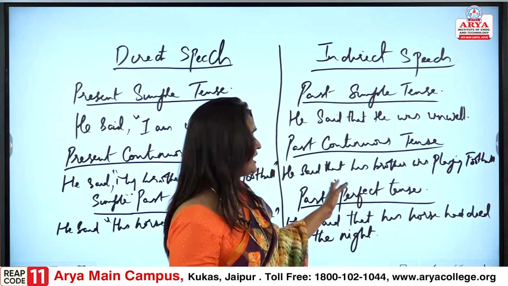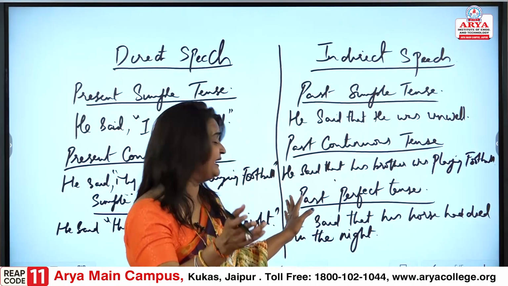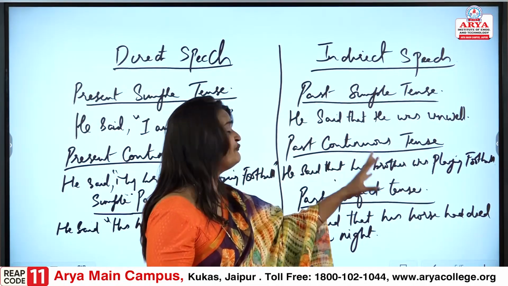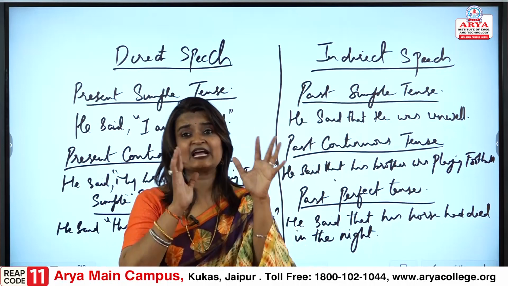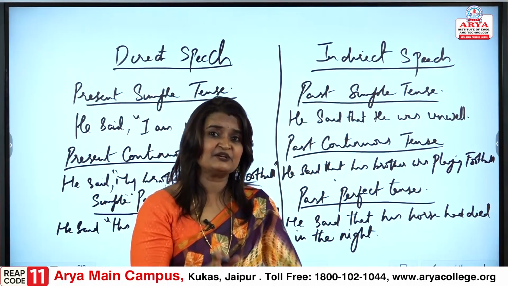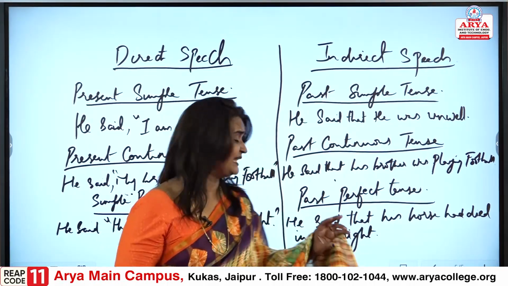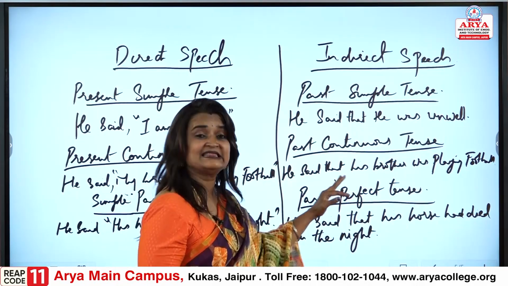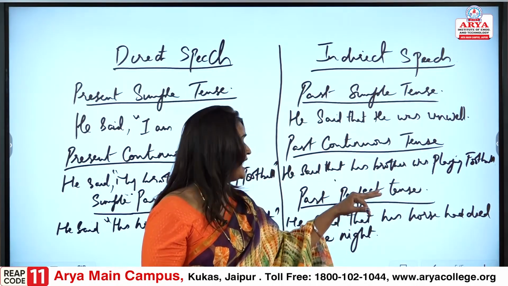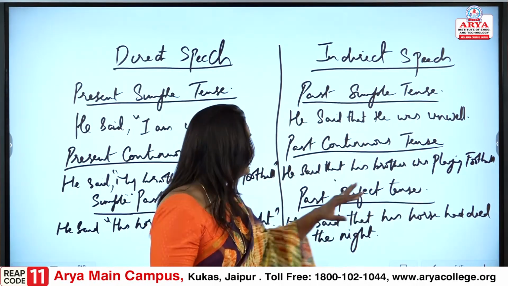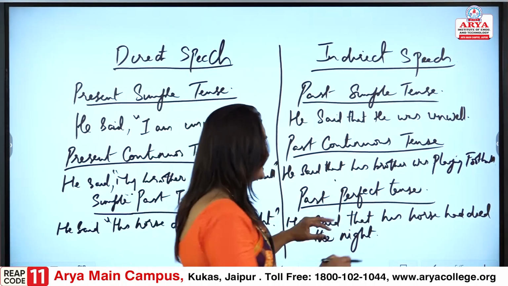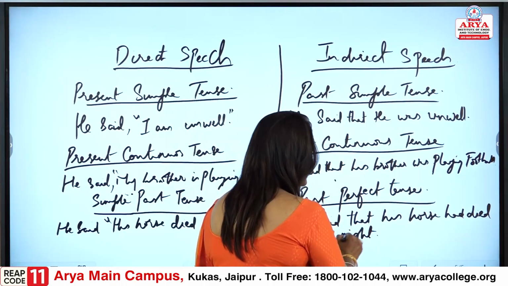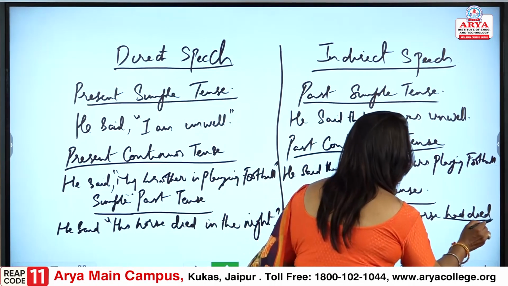Now, when we are converting it to indirect speech, it becomes past perfect tense. And how? He said that his horse had died. Again, see, he said that would come, had died.